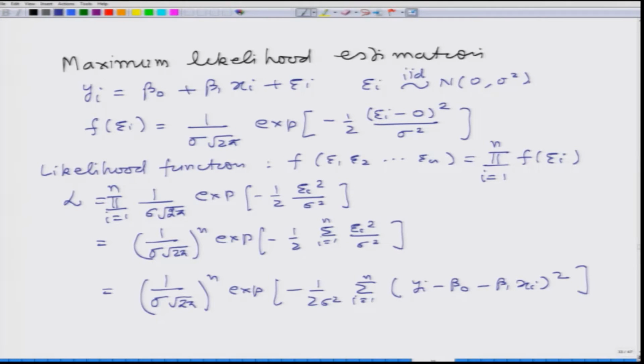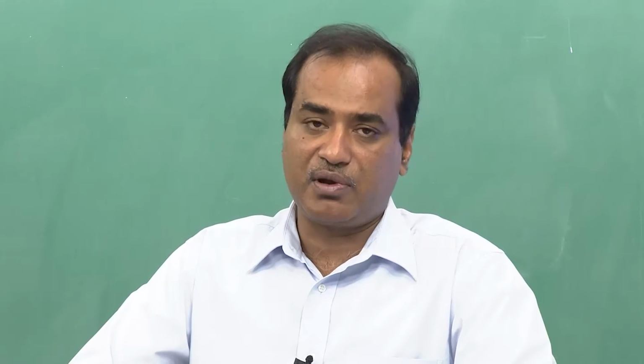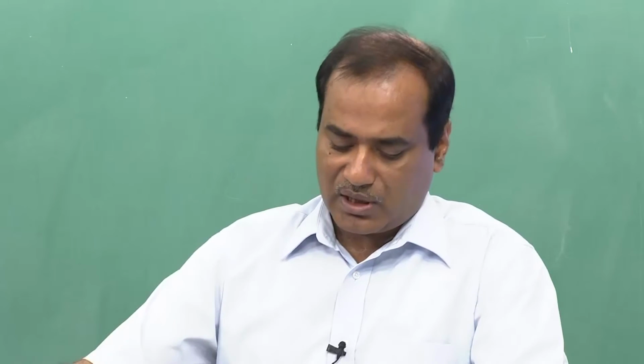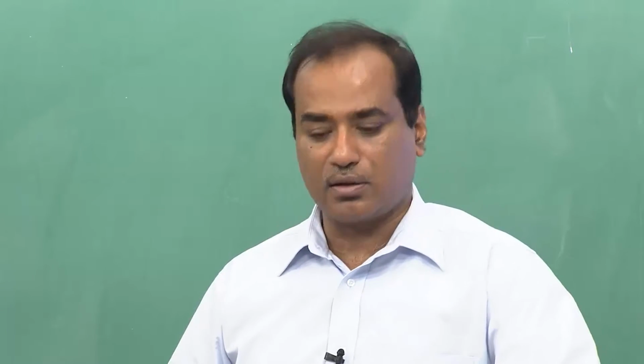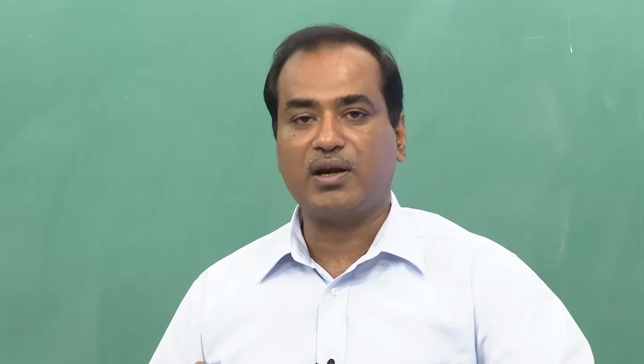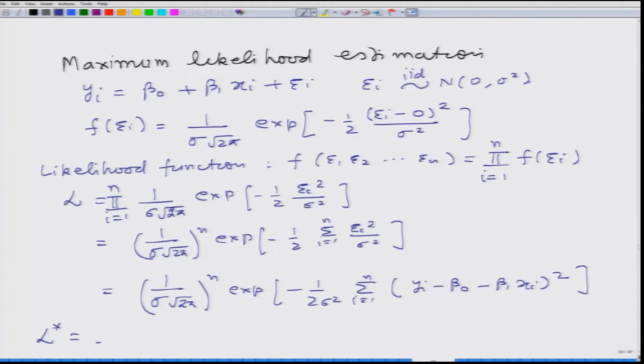Since we know that the log function is a monotonic increasing function, you will see later on that it is easier to handle the log likelihood rather than the likelihood function. So, at this moment itself, I take the log of the likelihood, L, and denote it by L star.